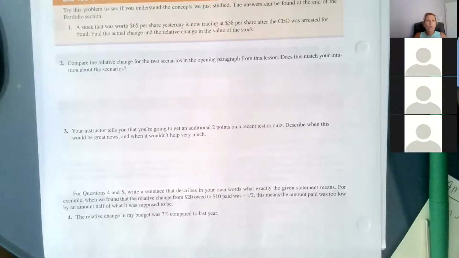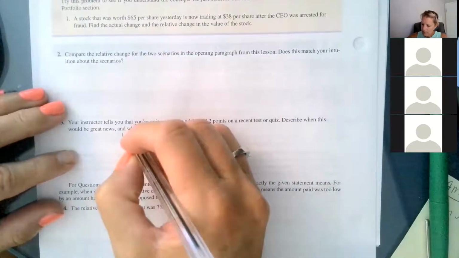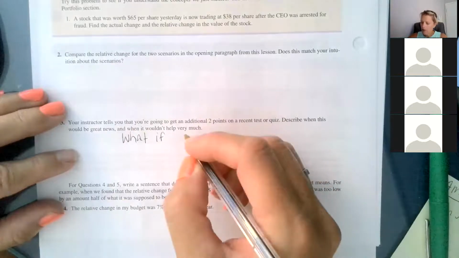One where it's like, that really helped me, and the other where it's like, nah, 2 points didn't really do much. I guess if you have a really low grade in the class and you needed that additional 2 points on a test to boost up your grade so you don't fail. Okay, and then like he was saying, if you already have like a 4.0 or a 3.9 in the class, then the additional 2 points might not be as useful.